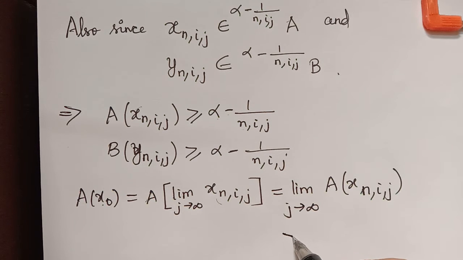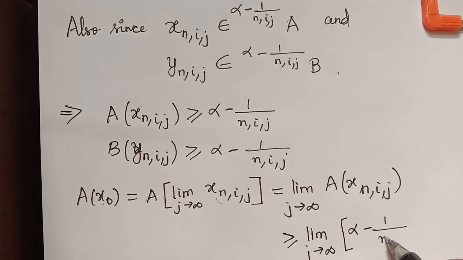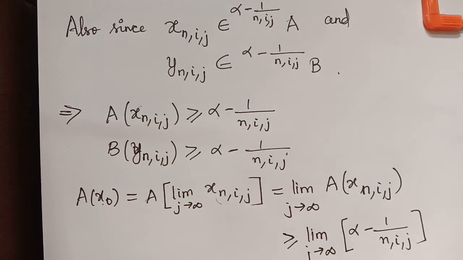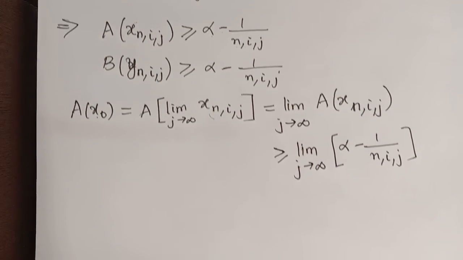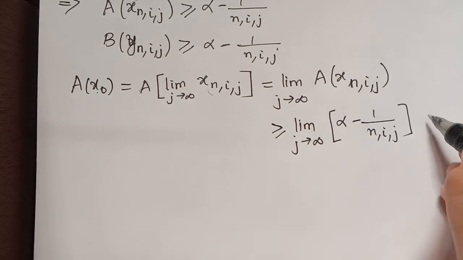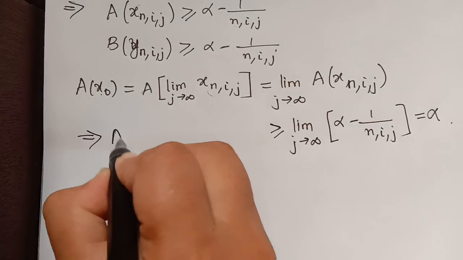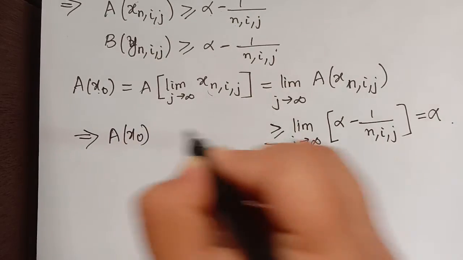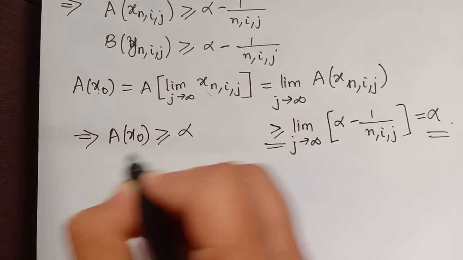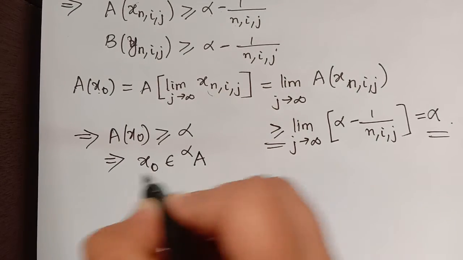So this is greater than or equal to limit j tending to infinity of alpha minus 1 by n comma I comma j. Now as j tends to infinity, this term will become 0, and so it will be only alpha. So therefore from this we obtain that a of x naught is greater than or equal to alpha. So what do we infer from this? x naught is an element of alpha cut of a.